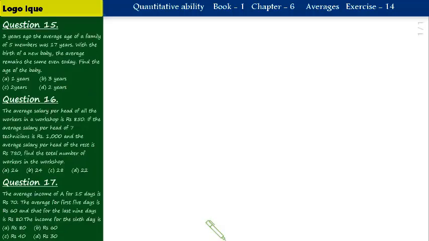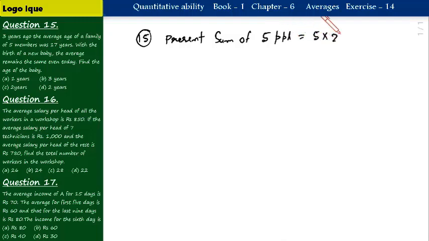Now, the next question, question number 15, is still the same. 3 years ago, the average age of a family of 5 members was 17 years. So that means the present average age would be 17 plus 3, 20 years. So the present sum of ages of 5 people would be equal to 5 into the present average, that is 20. So 5 into 20 is 100 years.